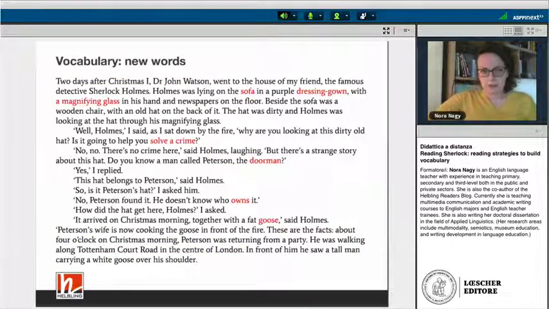Now, still working with the same text, let me point out these words in red. So you can see sofa, dressing gown, a magnifying glass, solve a crime, doorman, owns it, and goose.